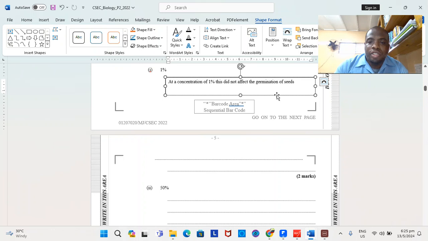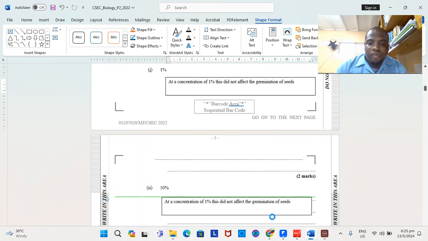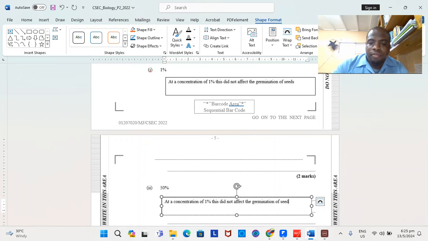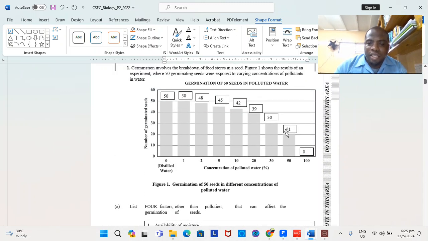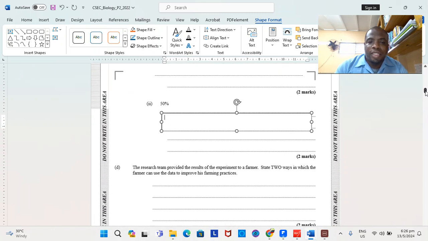The next concentration would have been 50%. And each time, if you're not sure, you go back to the table with the information just to examine. So at 50%, and remember we did that evaluation of the amount of seeds that would have germinated just by looking at the numbers, out of the 50 seeds, we're seeing 21 seeds germinating. So it did have an impact.